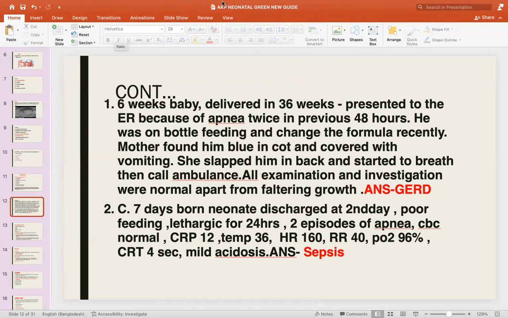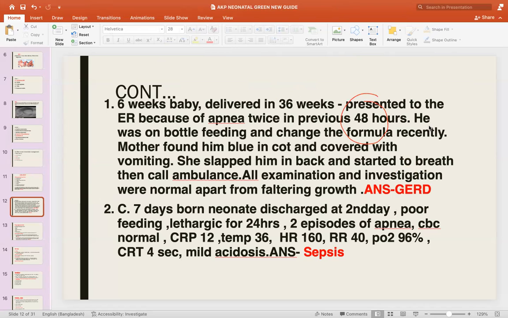Any baby can die with this event. So in any ALTE infant, you have to suspect non-accidental injury. But first of all, you have to rule out the cause of apnea. In this baby, non-accidental injury is a differential diagnosis, but the first diagnosis is gastroesophageal reflux, because the baby is vomiting and developing apnea within 48 hours.